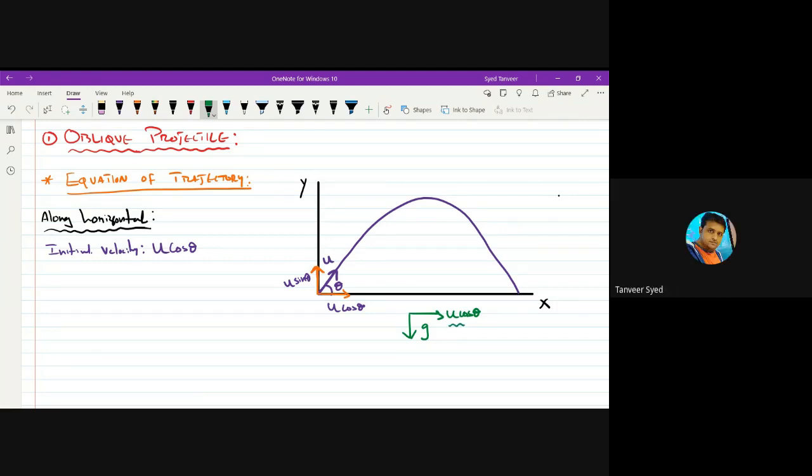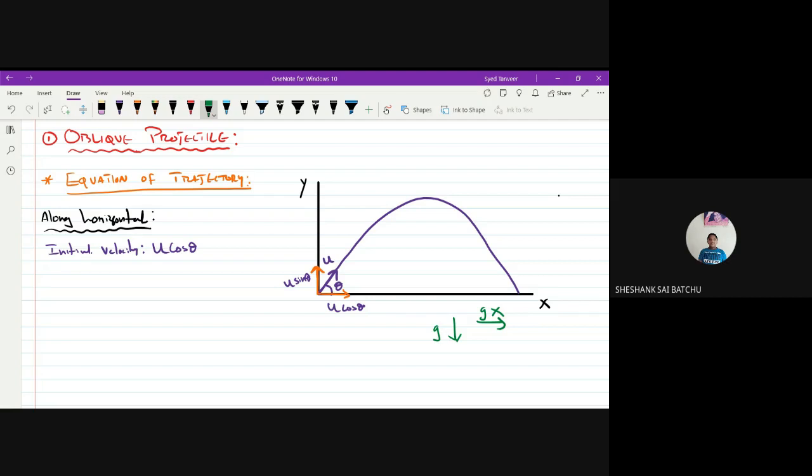Velocity is horizontal, u cos theta, gravity is vertical, g. Will this acceleration due to gravity acting downward change u cos theta? No, sir. U cos theta will not change due to acceleration due to gravity, because acceleration due to gravity does not act along horizontal direction. g always acts vertically downward. g does not act like this.